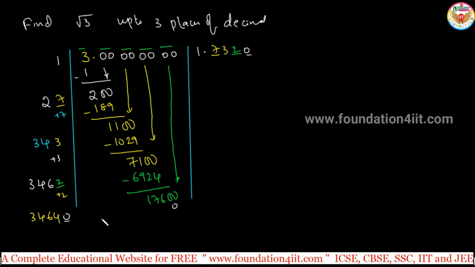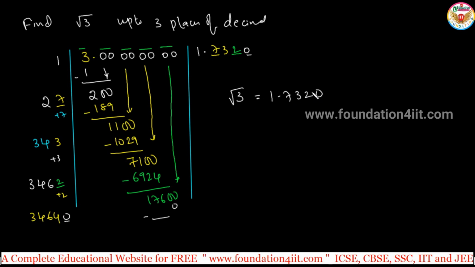So 0 will come, because even in 34,640, 1 into 1 is more than 17,000, right? So 0 is supposed to come. We can subtract also, the same will come, but it is not required. Now the square root of 3 is 1.7320 up to 4 places of decimals. So the fourth place is 0. That means 1.732 only is the square root of 3.